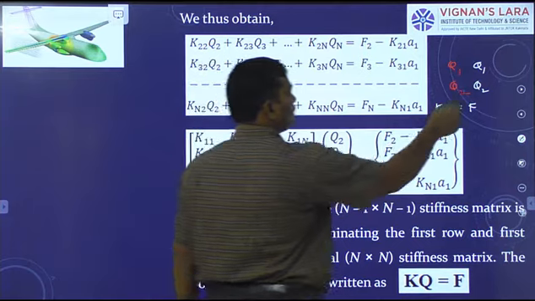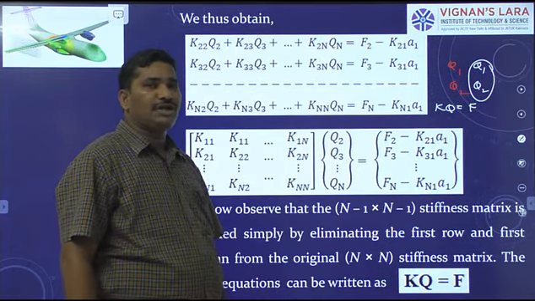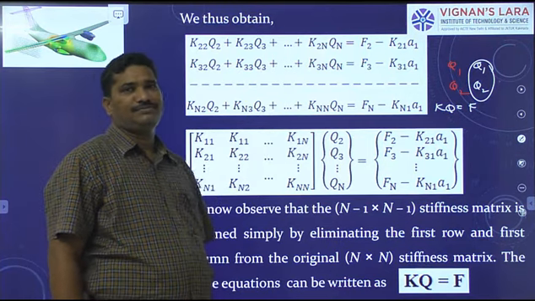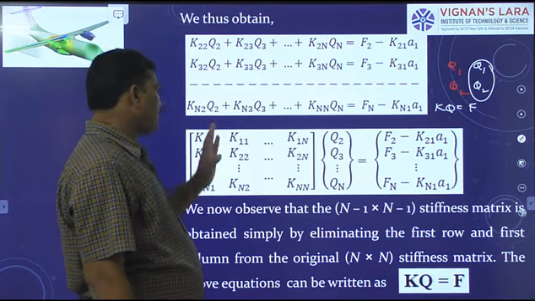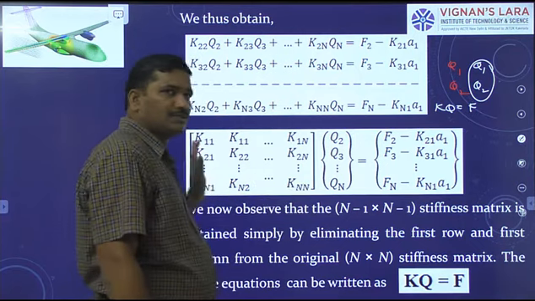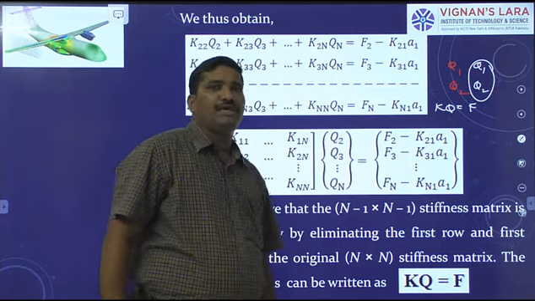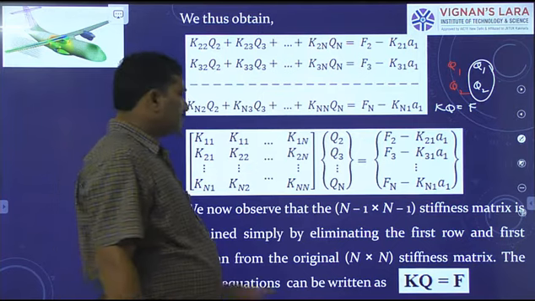Because here there are two known displacements, how many equations do you get? You get n minus 2 equations. When you represent, ultimately you get like this, in the form KQ equal to F.